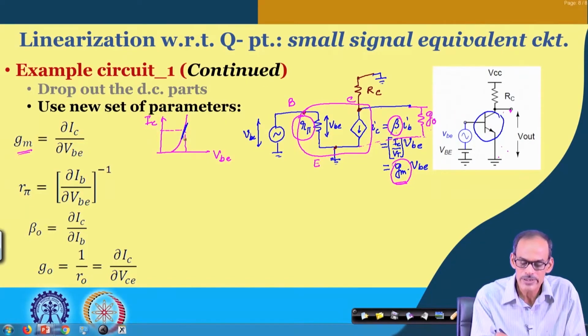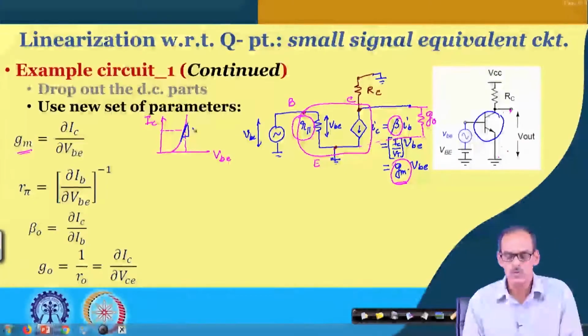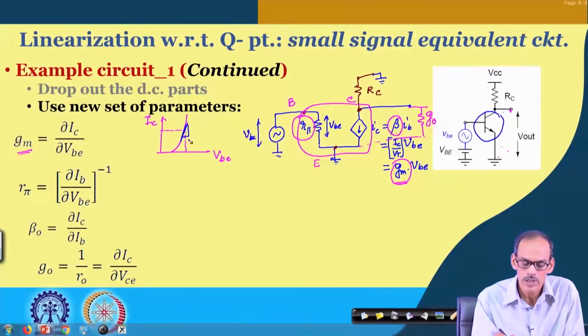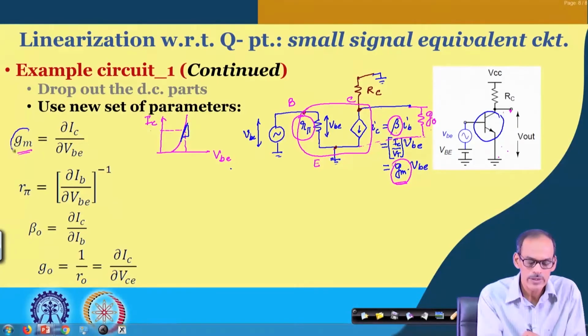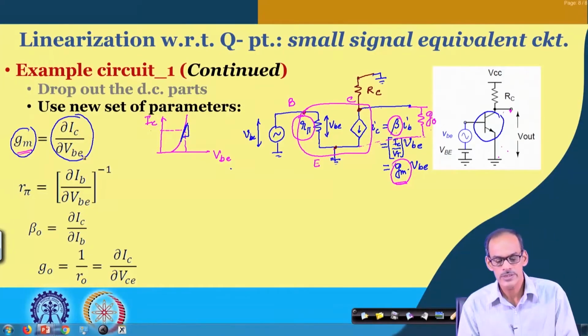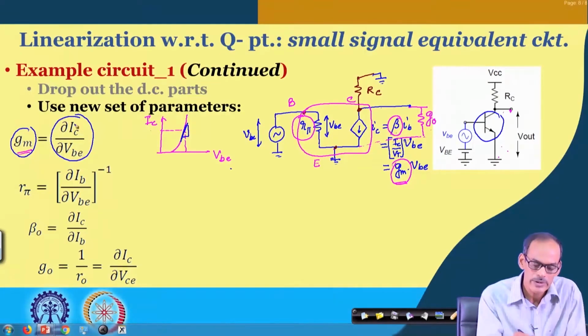This linearization is basically a linear segment of the line, and that line can be well represented by its slope, which is nothing but the first derivative of this current with respect to V B E. So, the transconductance is defined as the change in collector current with respect to the change in V BE voltage. Note that this is capital I, small c, and this is capital V, small b e.